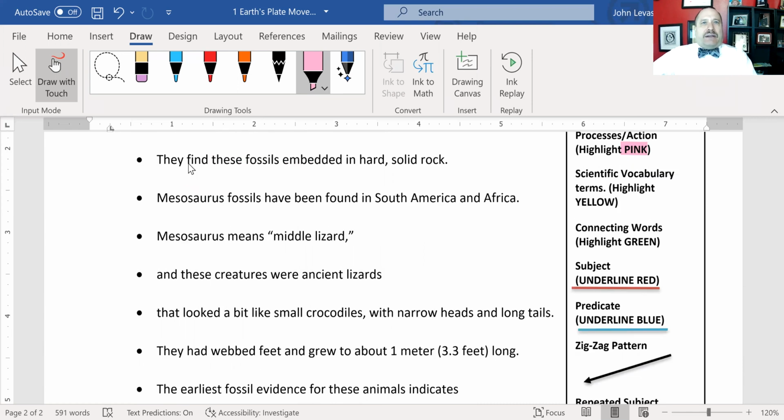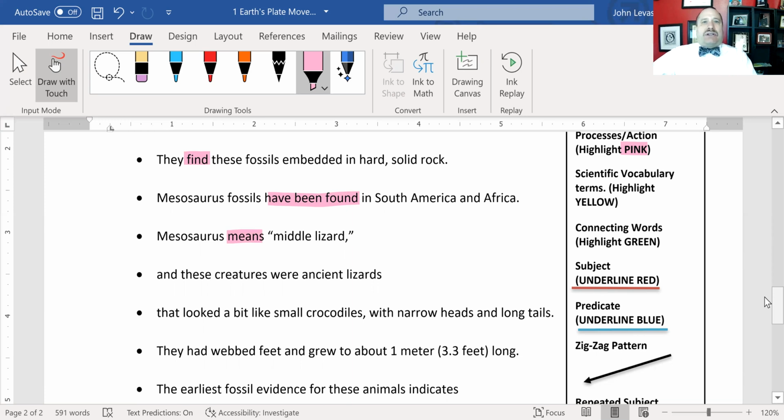They find those fossils embedded in hard rock, solid rock. Mesosaurus fossils have been found. Three words, one process, in South America and Africa. Mesosaurus means middle lizard.